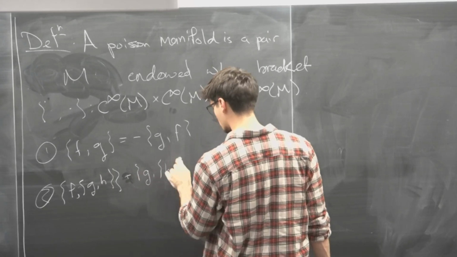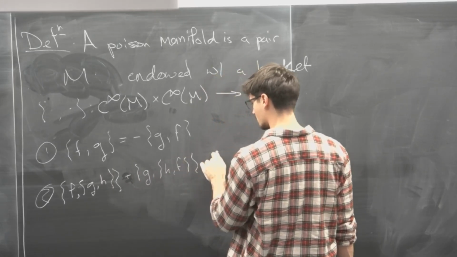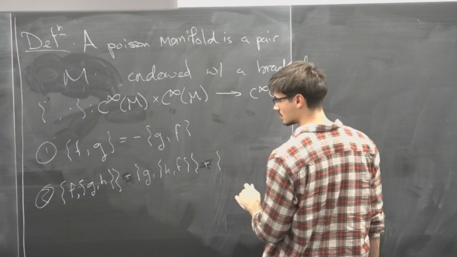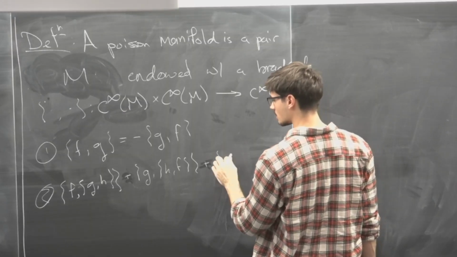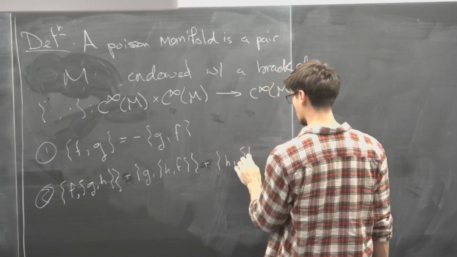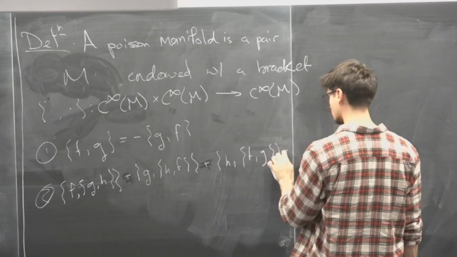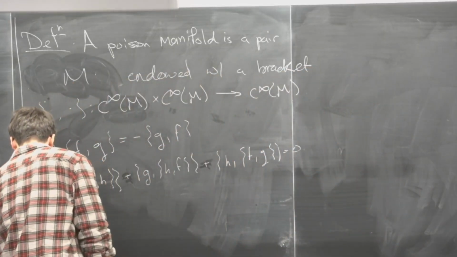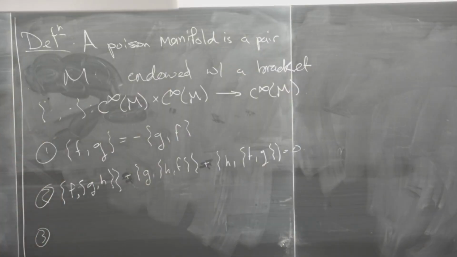If it's the same as the Lie bracket, then it should all be plus. If you just permute it, it should be just plus. Yeah. Okay. It equals 0.